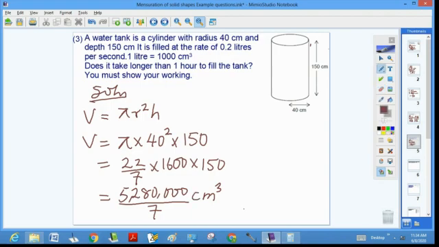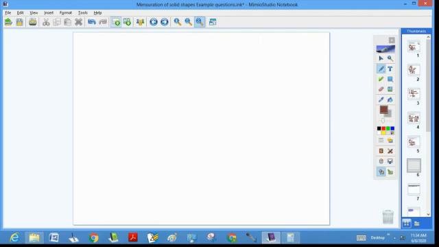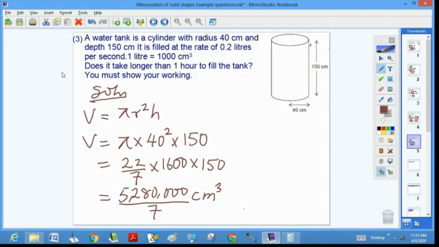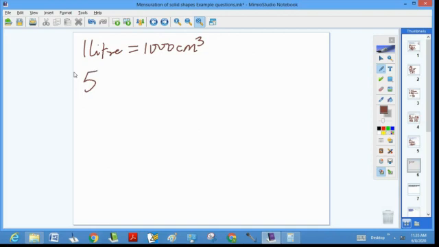So we proceed to convert it to liters. To convert it to liters, we know that 1 liter is equal to 1000 centimeter cube. So converting, we have 5,280,000 divided by 7 in centimeter cube.